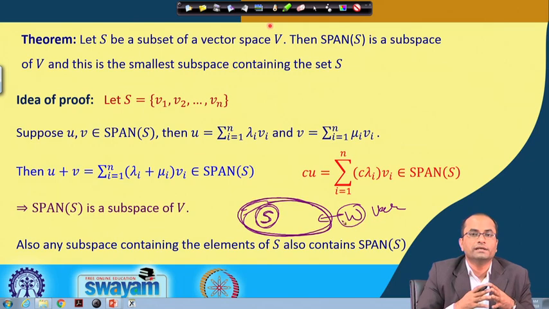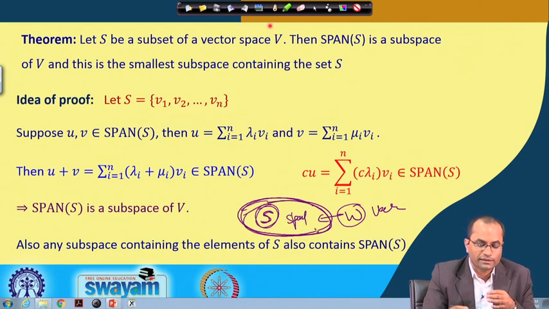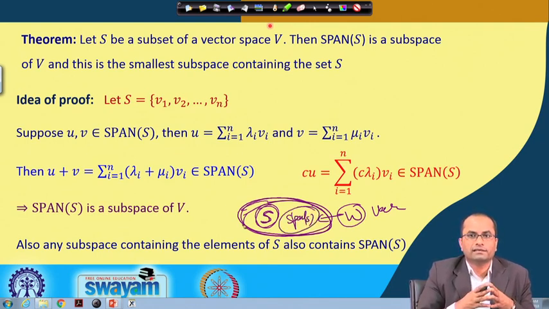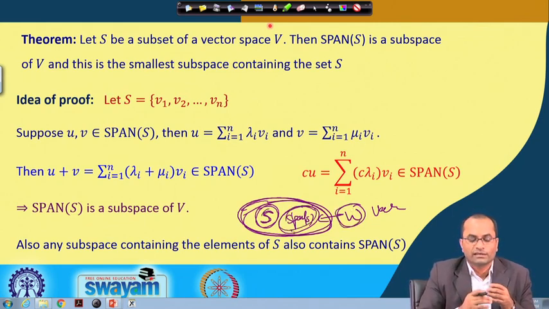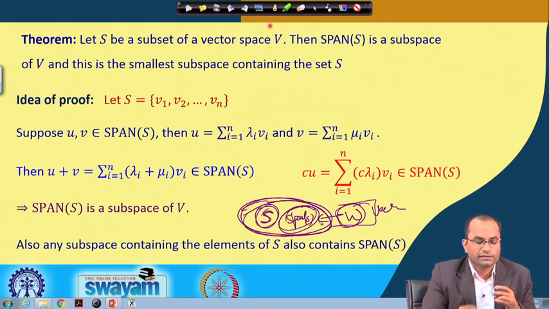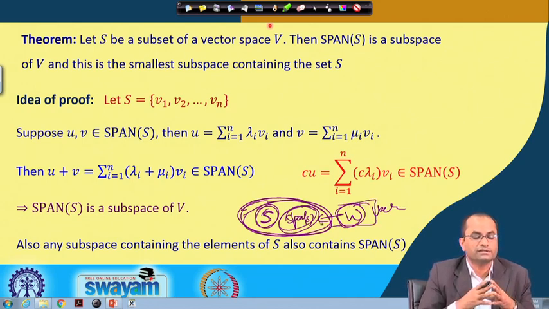So, eventually all the linear combinations must be there in this set W. That means it will also contain span S, and that itself tells us that span S is the smallest subspace which contains S, because anything else which contains S will also contain this span S. So, it cannot be that this is not the smallest subspace.